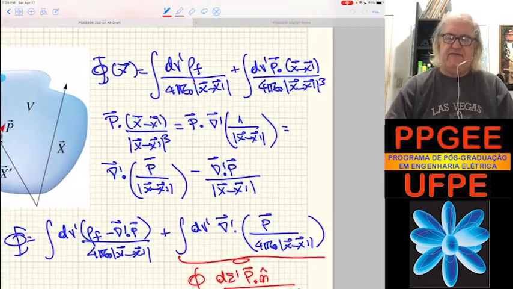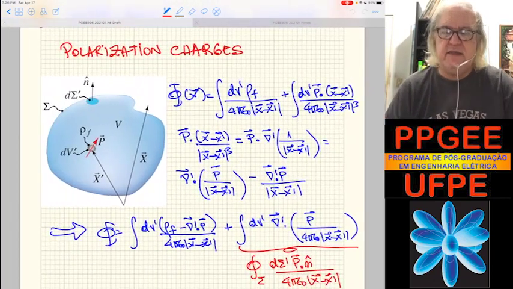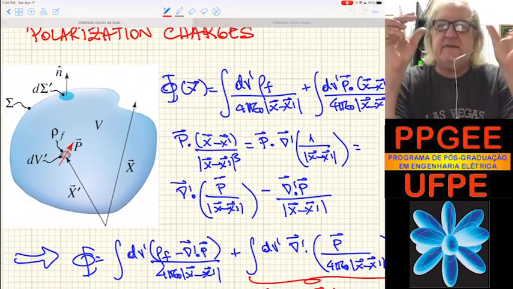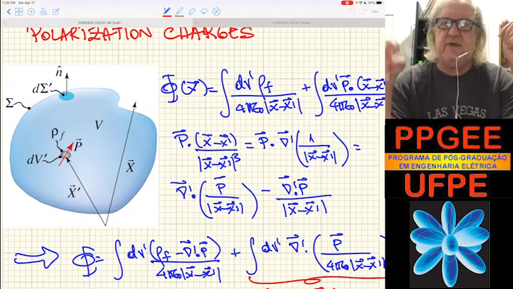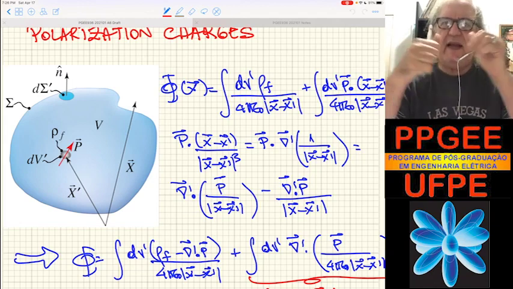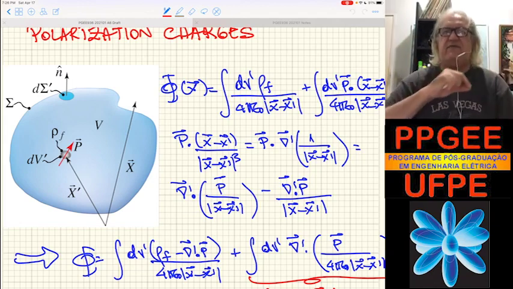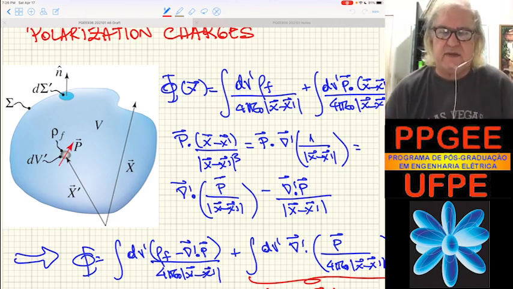So if you have the concomitant effect of free charges, we are going to make a distinction. Free charges are those charges that you can inject in the circuit and make circulate between electrodes of a battery, for instance. I have a free charge, which is electrons, or electrons and holes in a semiconductor.